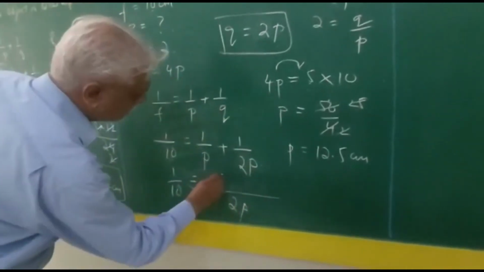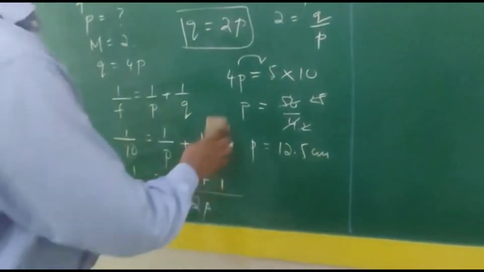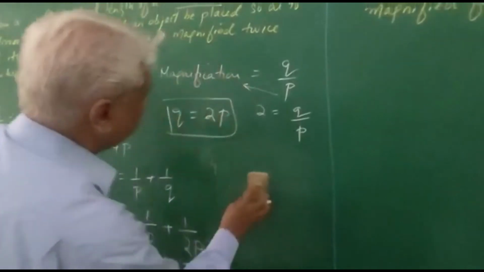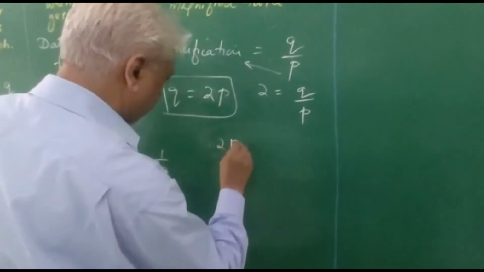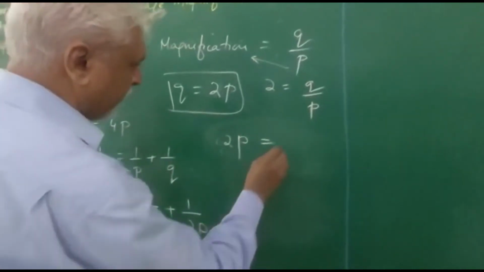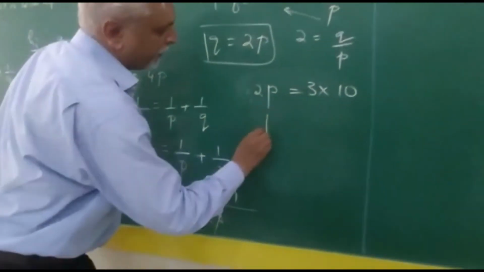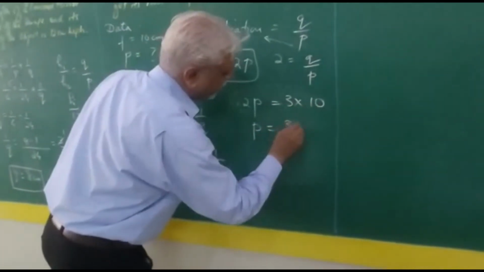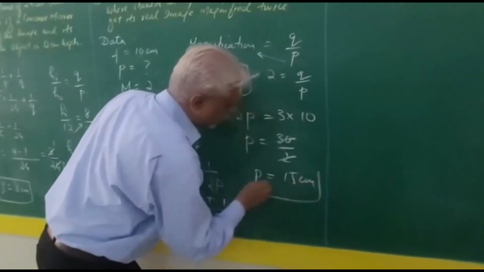So p will go into this 2 plus 1. Sorry, so you have to cross multiply. 2p is equal to 2 plus 1, 3 times 10. So p is equal to 3 times 10 is 30. 30 divided by 2 will give you 15 centimeters.